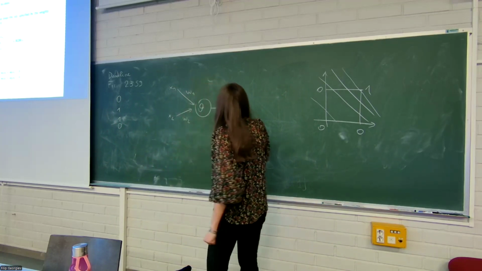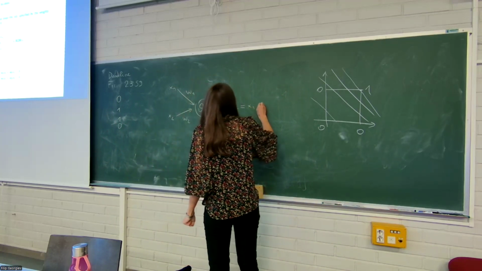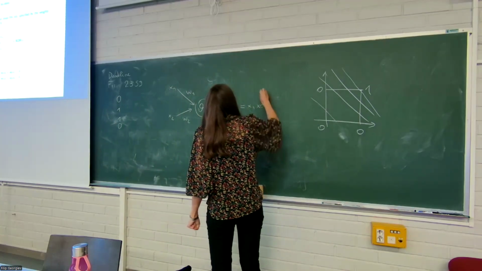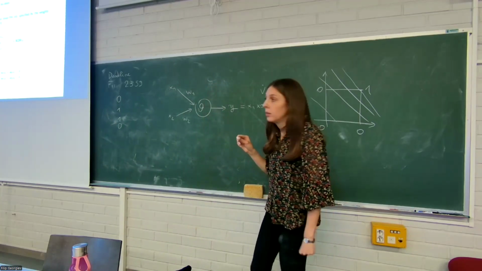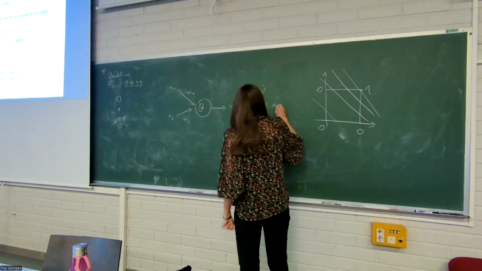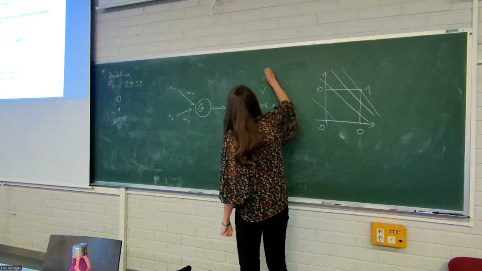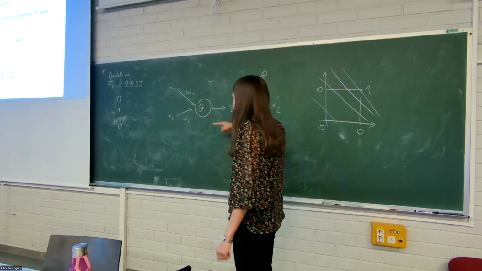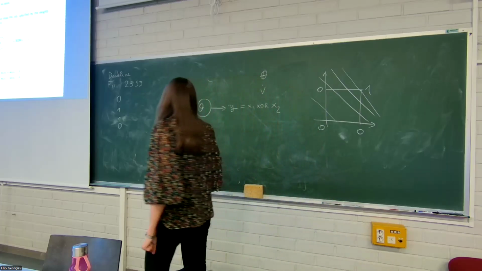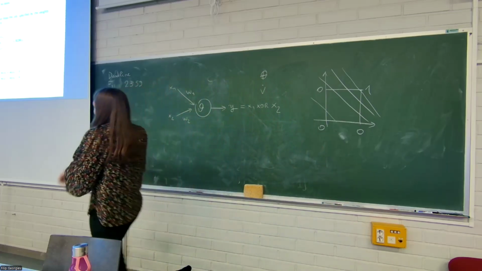And I suppose that y is x1 XOR x2. Some people also write it with a circled plus; I think in the exercise sheet we put this, but whatever is fine. I suppose this is true. So how does the perceptron compute these equations?